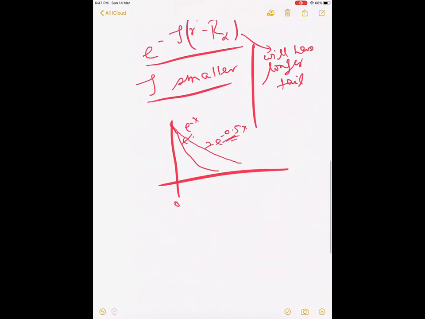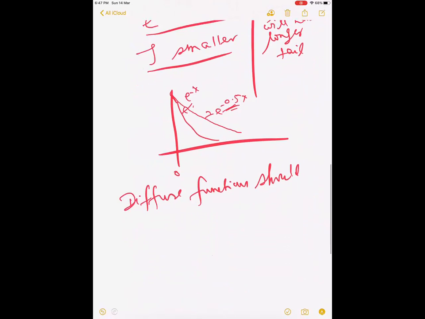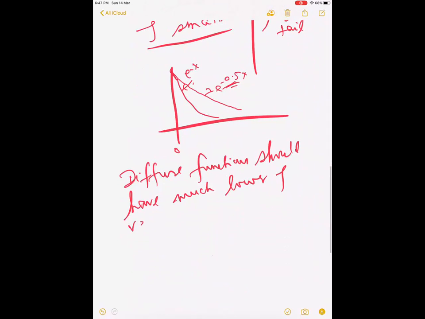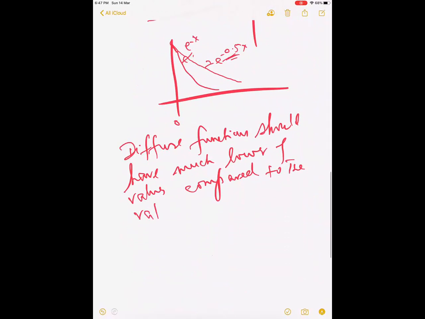So typically, diffuse functions should have much lower zeta values, sometimes called exponents, compared to the normal valence orbital. So we need to add these separately.